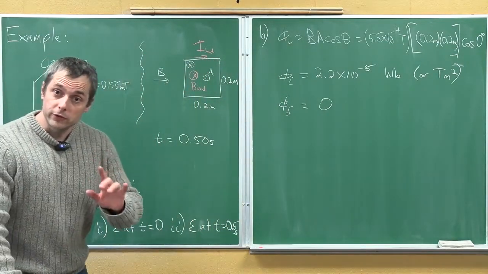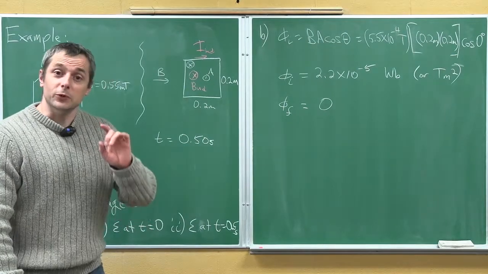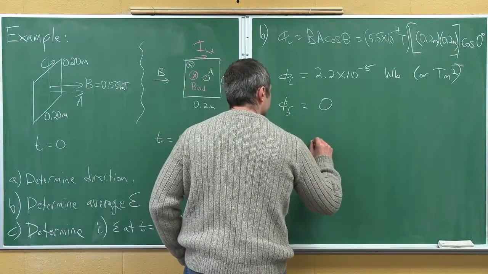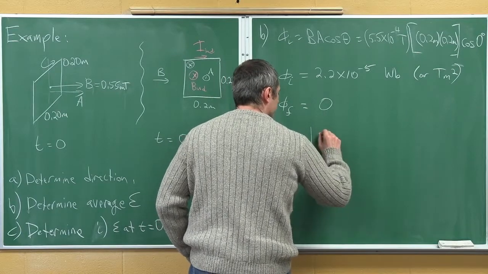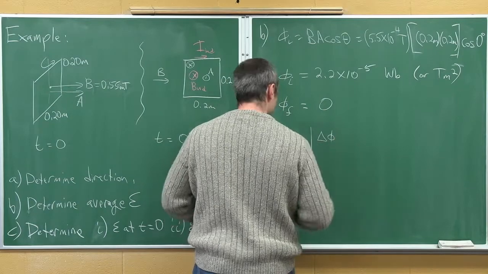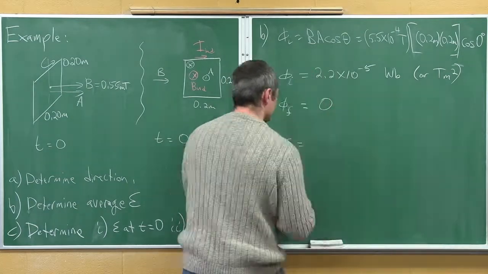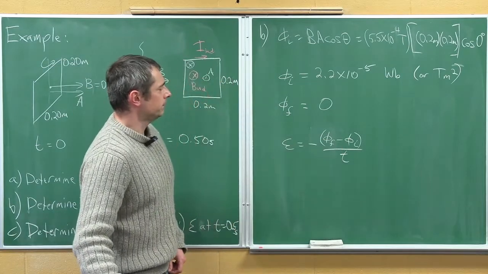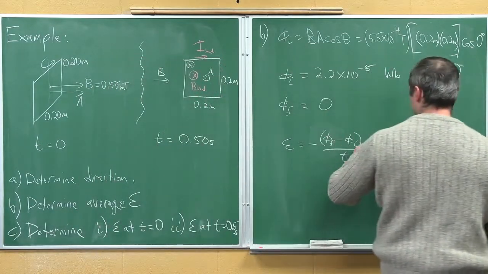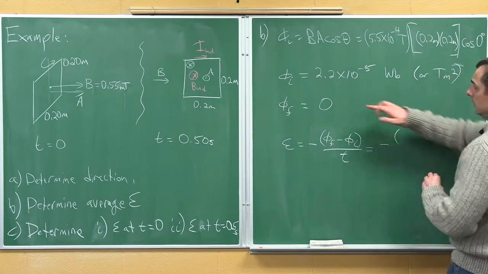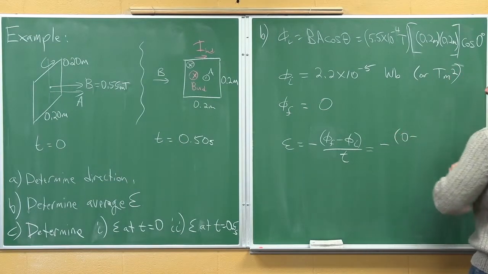Now, what's the voltage? What we do is we use Faraday's law, but not as a derivative. And what I'm going to do is just write it like this. You know what? I could put the minus sign in there. That's what delta is, final minus initial. So in the top, I have the final, which is 0, minus the initial.